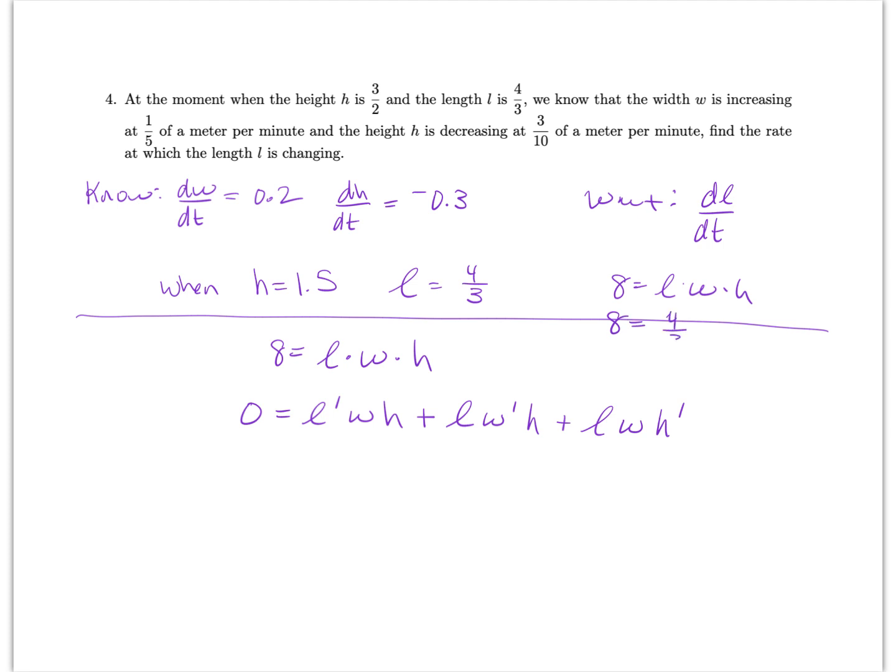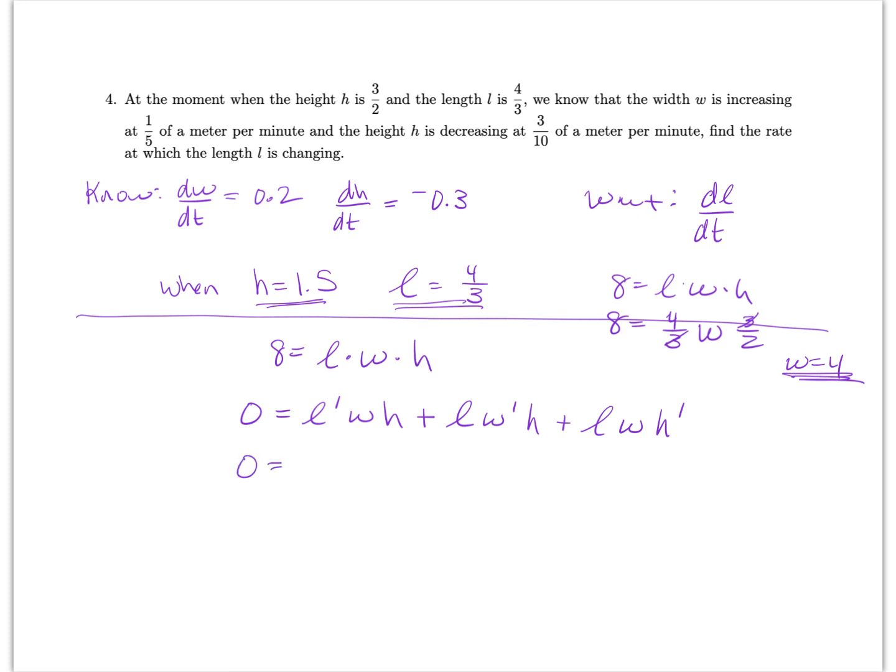Length is 4/3. Width we don't know. Height is 3/2. So 8 is 2W, so W is 4. So W is 4 when I have these other two quantities.